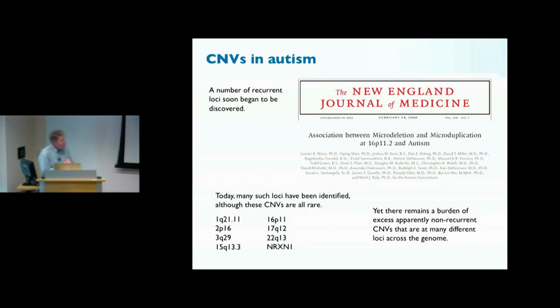Studies that followed up on this corroborated it, and they show that there are some loci that tend to have recurrent CNVs that confer risk of autism, but even in addition to these loci, there's still a burden of risk that comes from having this excess copy number variation. I think today we still don't understand exactly how this phenomenon works, but we know there's a definite relationship between an excess of CNVs, both at these loci and in general, and risk of autism.